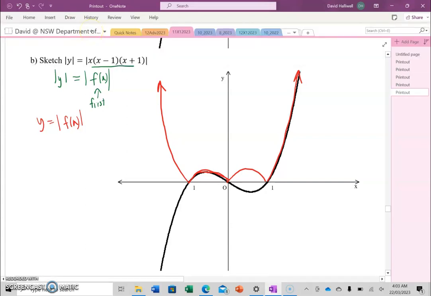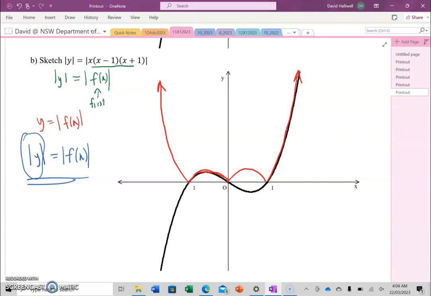Let's go blue to draw absolute value of y is equal to absolute value of f of x. Remember that if I'm doing absolute value of y, it only exists where the original function is above the x-axis. Now the original function here is the red one.